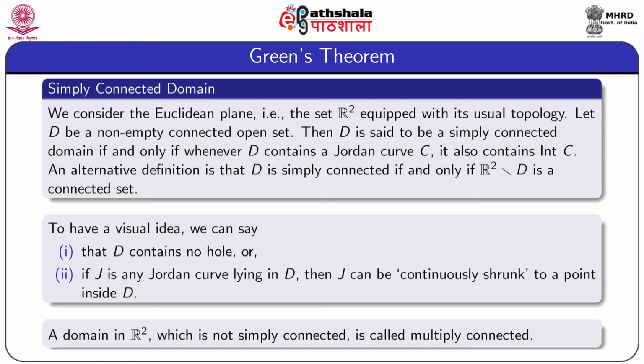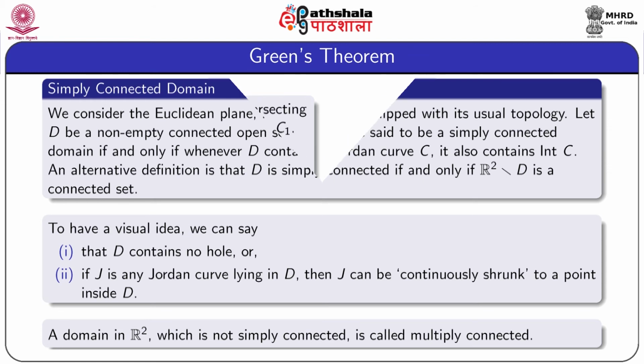To have a visual idea, we can say either that D contains no hole, or if J is any Jordan curve lying in D, then J can be shrunk to a point inside D in a continuous fashion. A domain in R2 which is not simply connected is called multiply connected.